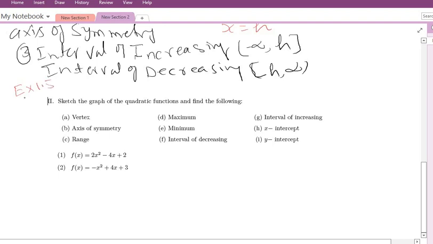I am picking question number 2. It asks for a few results: sketch the graph of the quadratic function and find the following: vertex, maxima, interval of increasing, axis of symmetry, minimum, x-intercept, y-intercept, interval of decreasing, and range. So I am going to solve question number 1.